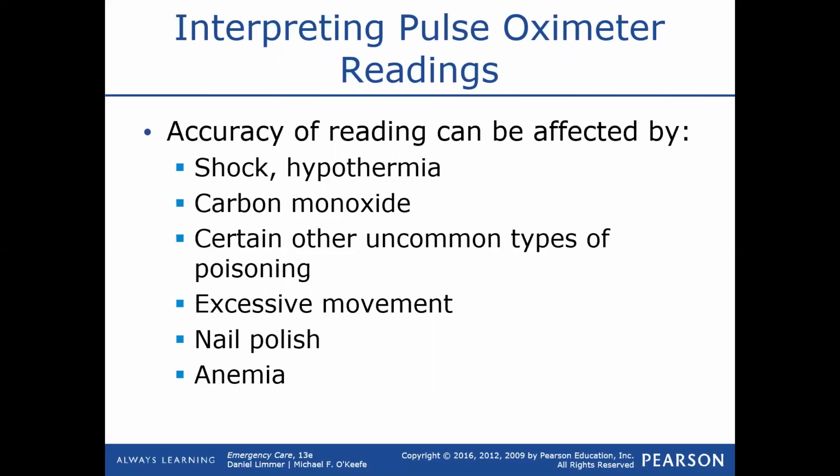Accuracy can be affected by shock and hypothermia. Carbon monoxide is another one. Say our firefighters go into a smoky fire, don't put their SCBA on, and inhale a whole bunch of carbon monoxide. They come out, get their vital signs checked, and they're 100%. Well, carbon monoxide actually attaches to the hemoglobin in your body better than oxygen does, and it blocks it.